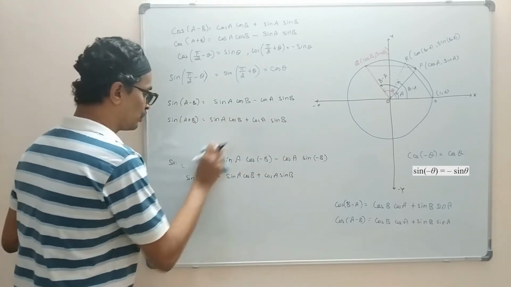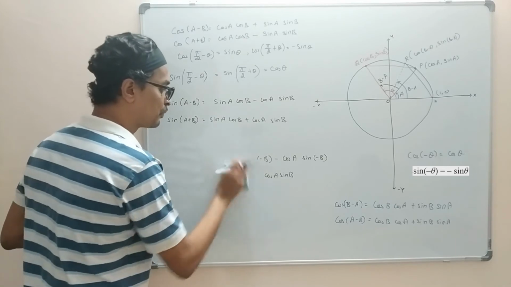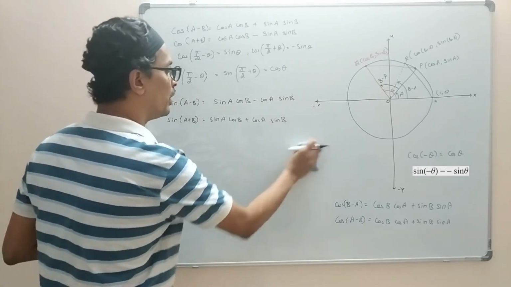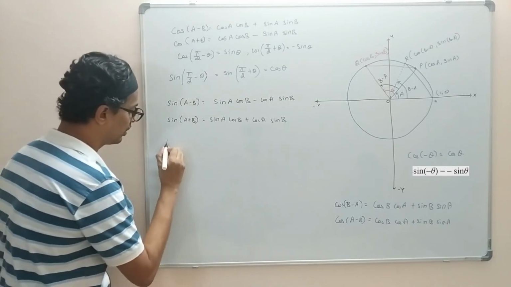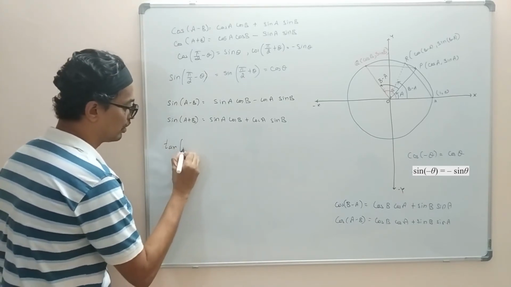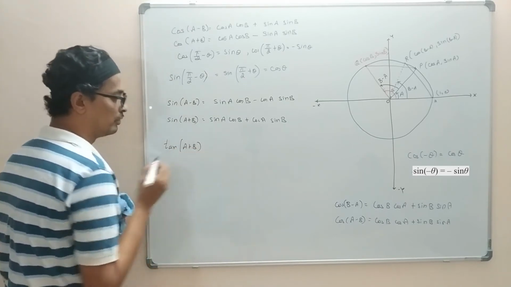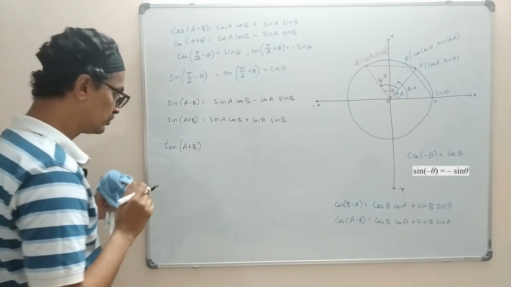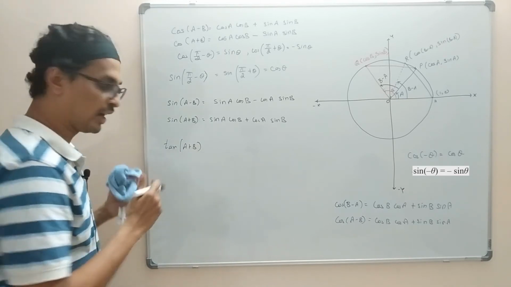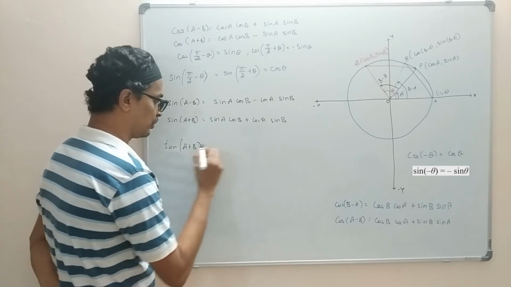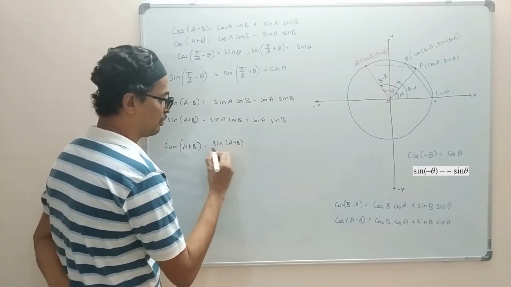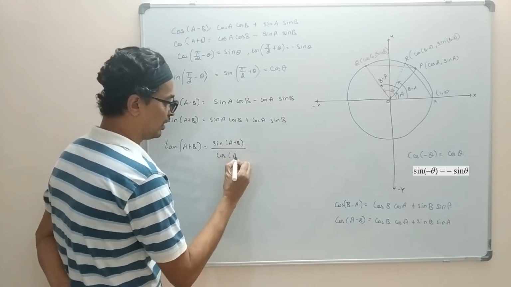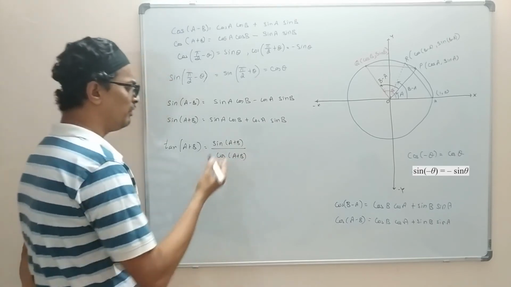Now let us write for tan. Let us try for tan(A plus B). We can just divide those two, sine and cos. So it is sin(A plus B) divided by cos(A plus B), and then we use the formula.